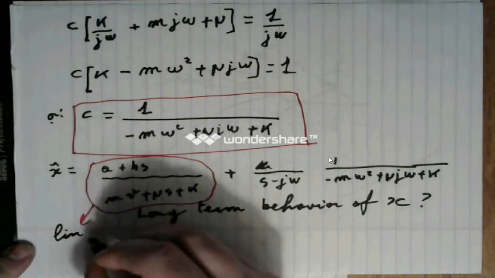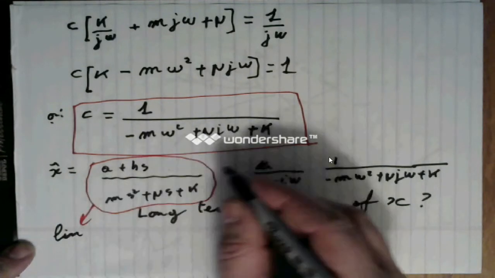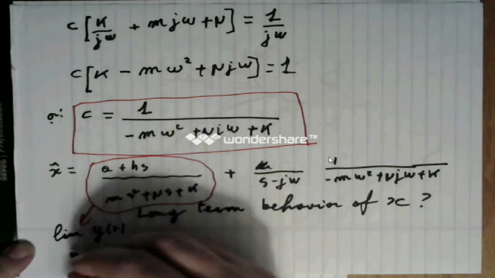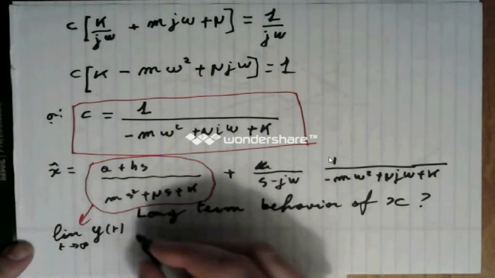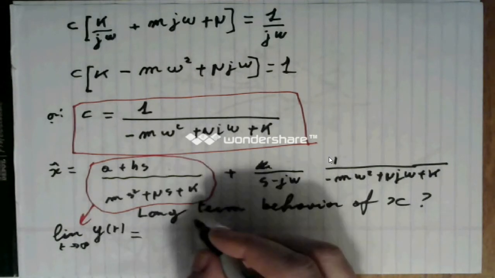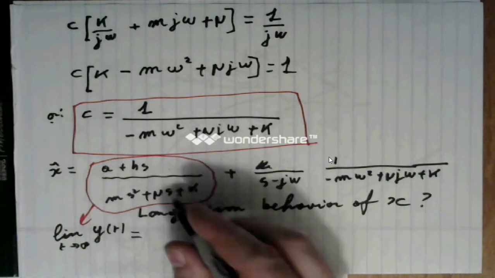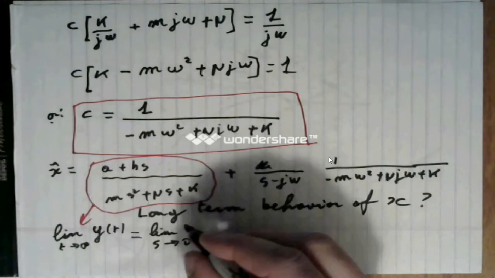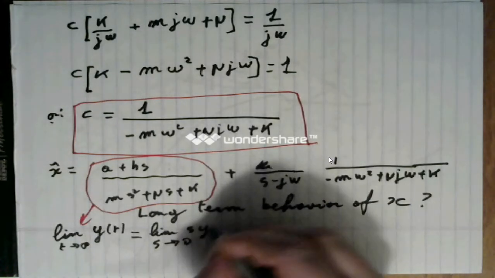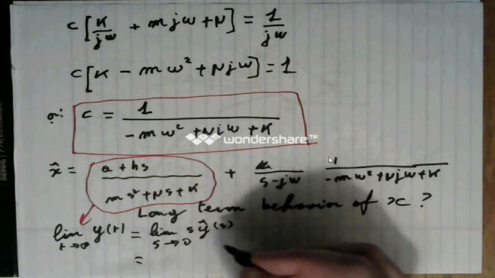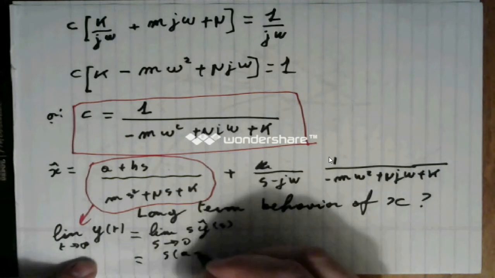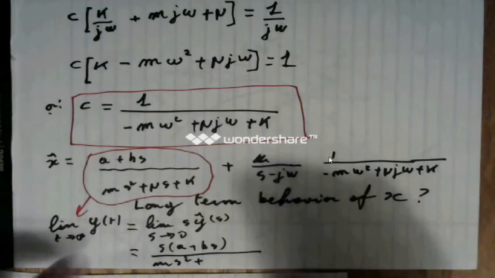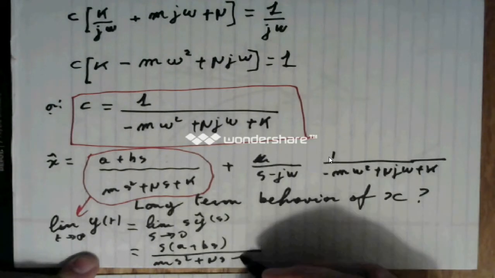The limit of this term written in the time domain that I will write as y of t when t tends towards infinity is equal to a plus bs, etc., etc. The limit when s tends towards 0 of s times y of s, which is equal to s times a plus bs divided by ms squared plus mu s plus k.